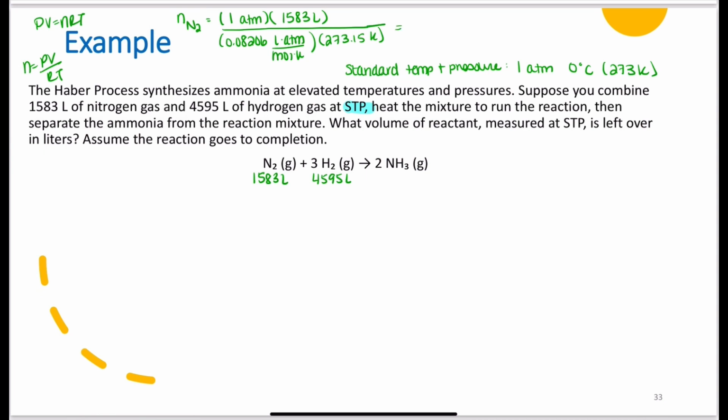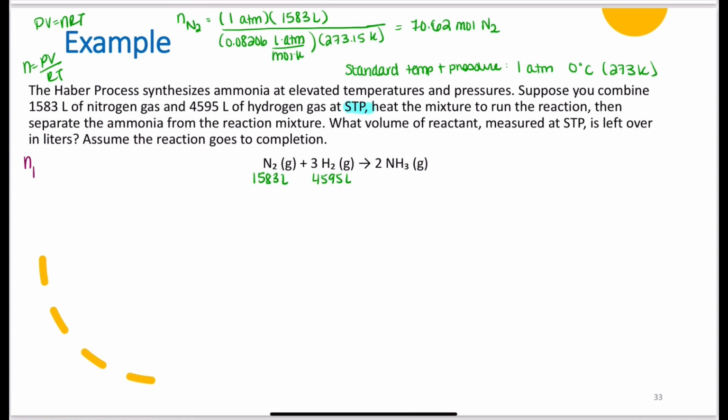So let's keep it to 4 sig figs. 1 times 1583 divided by 0.08206 divided by 273.15, 70.62 moles of N2. So that's how many moles I would have in that system if I had that many liters under those conditions.